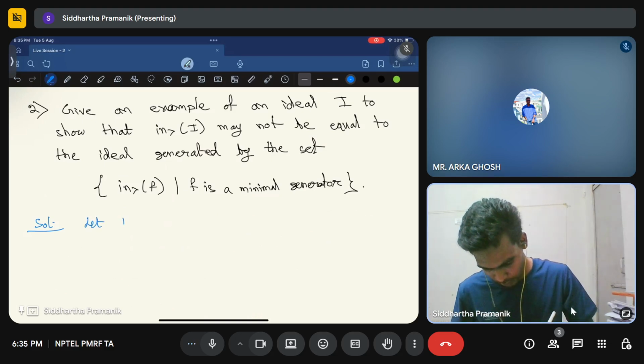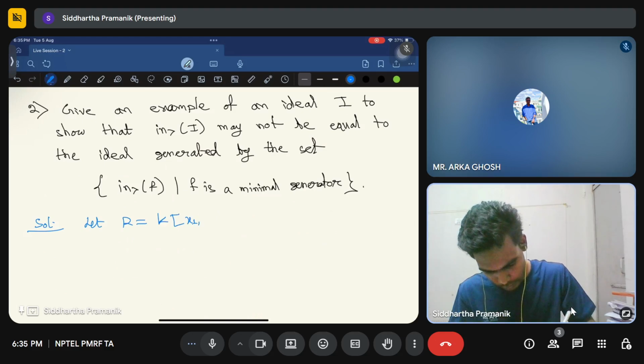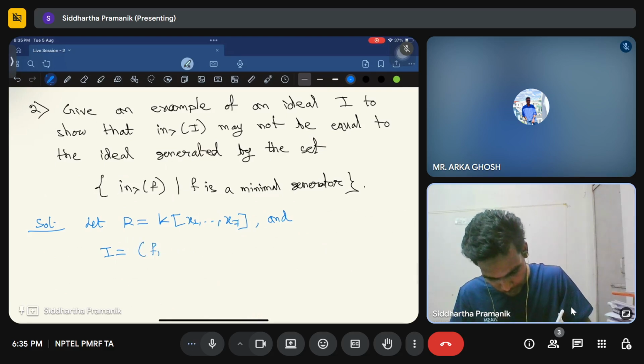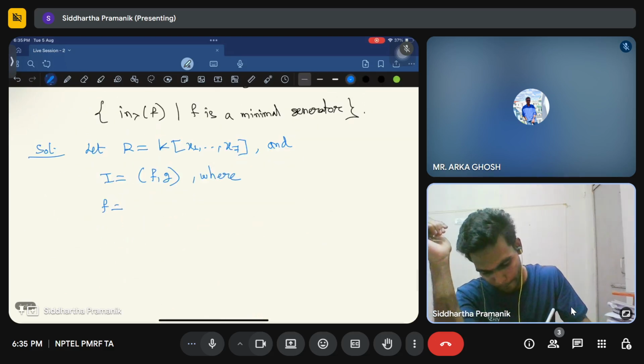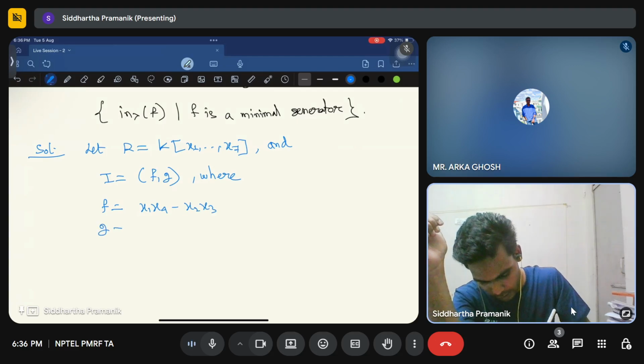So let R be the polynomial ring in 7 variables, and I be the ideal generated by F and G, where F is basically x1 x4 minus x2 x3, and G is x4 x7 minus x5 x6.